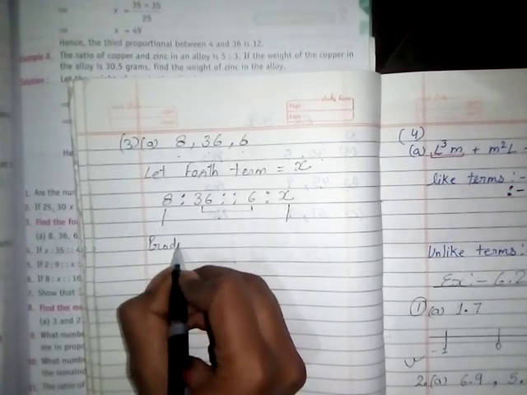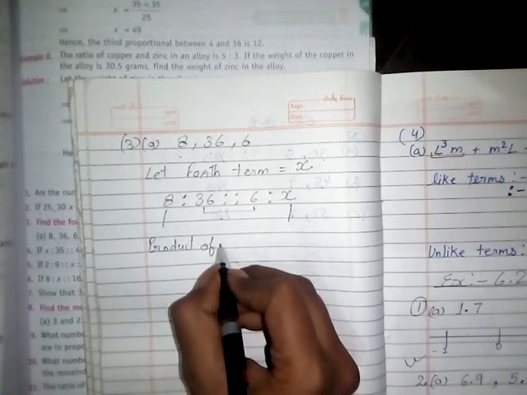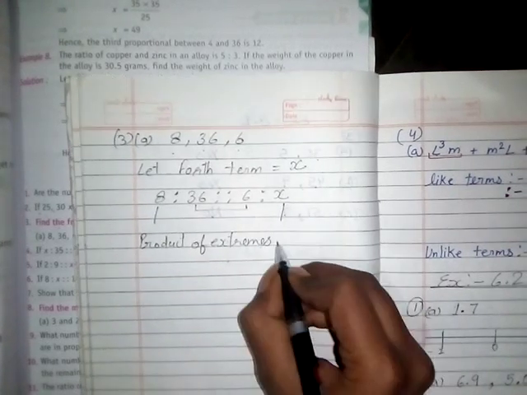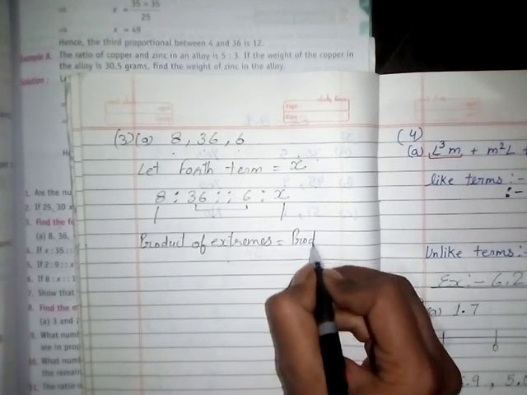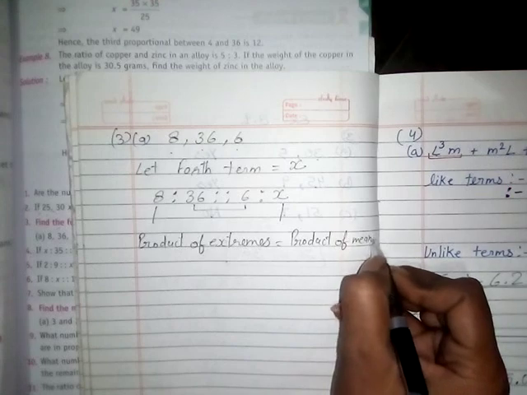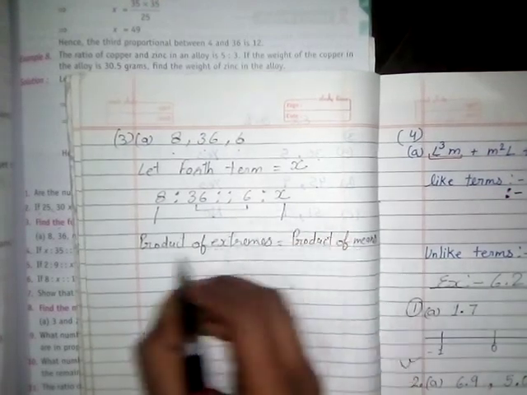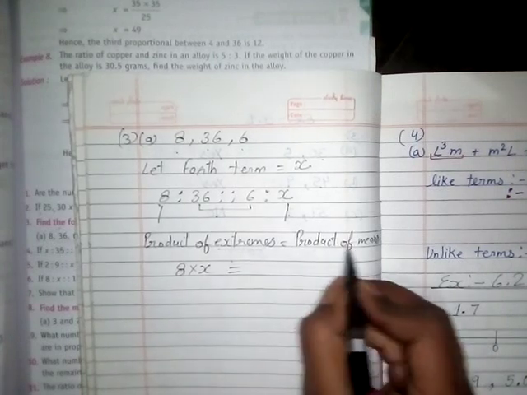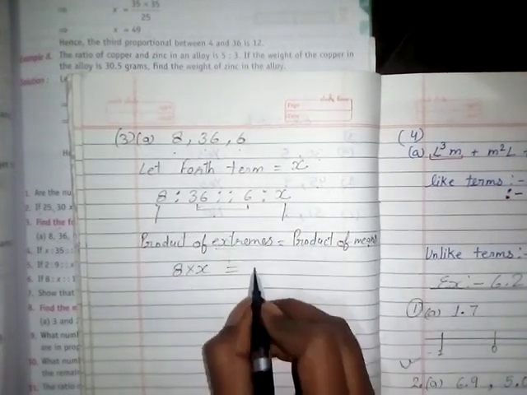So here we will write product of extremes and product of means. Now extremes are 8 and x, so 8 multiplied by x equals product of means, 36 and 6.